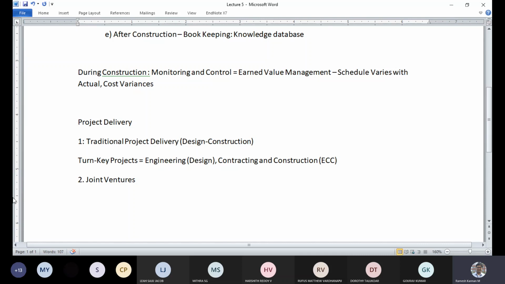But now generally it is called construction management delivery, right? So this includes almost everything. Not only design, prior to that is programming.